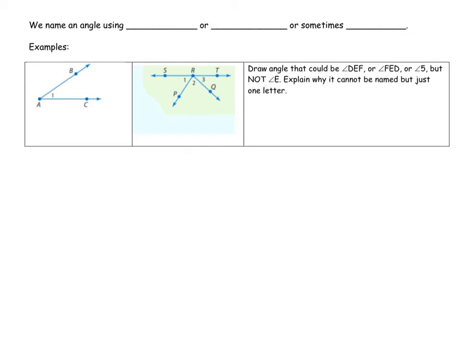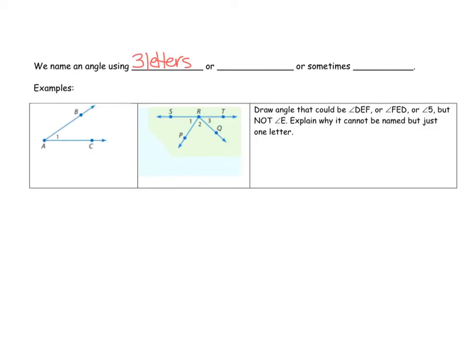First, I can name an angle using three letters. When I use the three letters, I'll have first letter, second letter, third letter with an angle symbol in front. And what's important is that the middle letter is the vertex of the angle. That's where the two rays intersect.